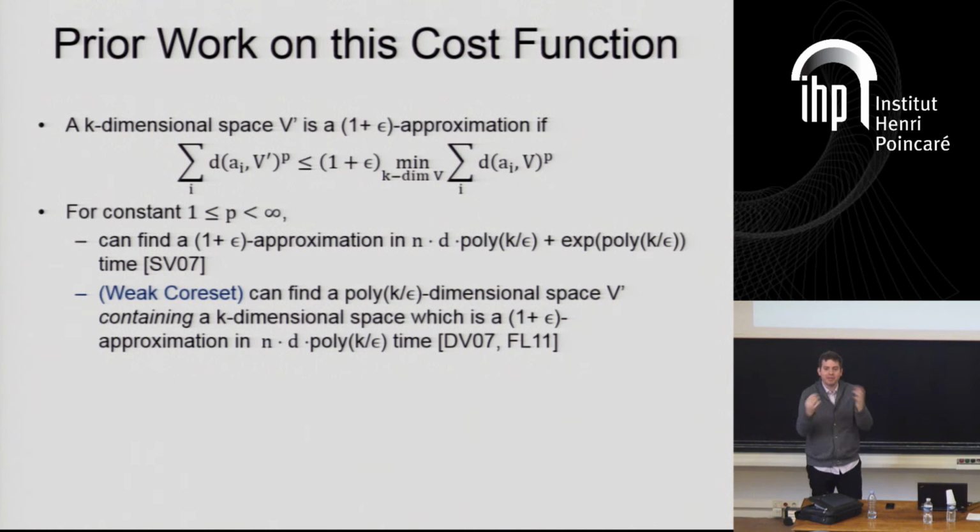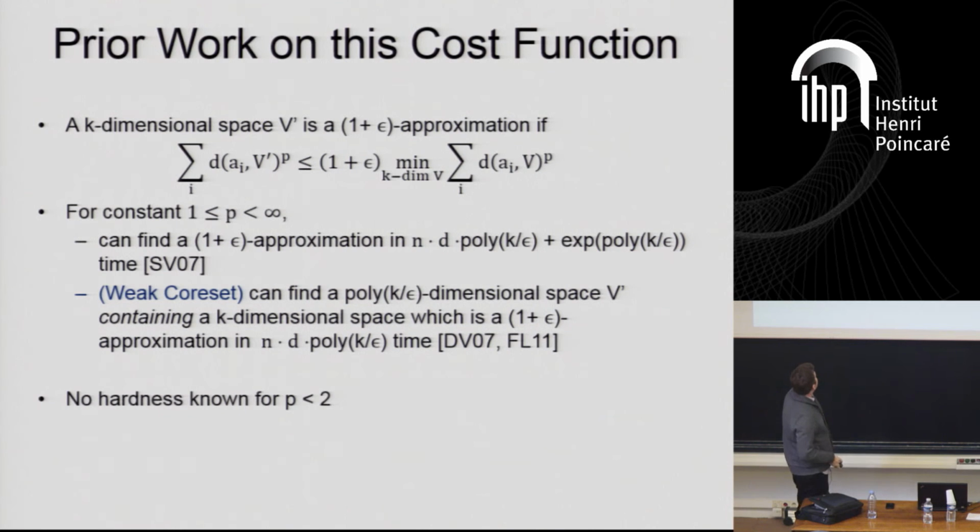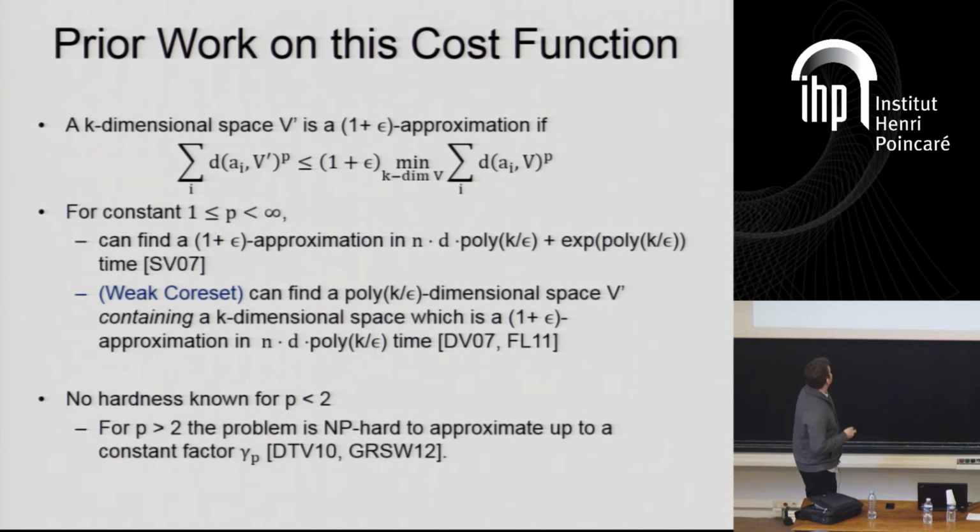It's coming from basically enumerating over a large finite number of k-dimensional spaces inside of there. So if you allow for that, then you just get nd poly k over epsilon time. There was no hardness known for p less than 2, this robust case that I'm talking about. Though for p greater than 2, the problem was known to be NP hard to approximate up to a fixed constant factor. And there are algorithms nearly matching that approximation factor in polynomial time.